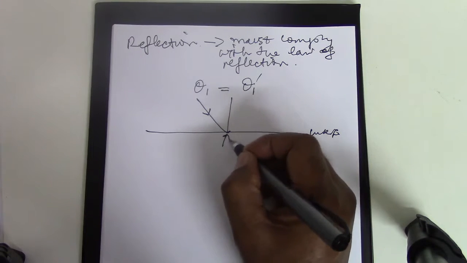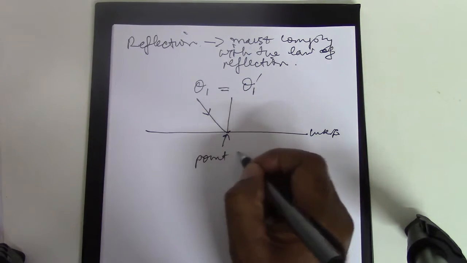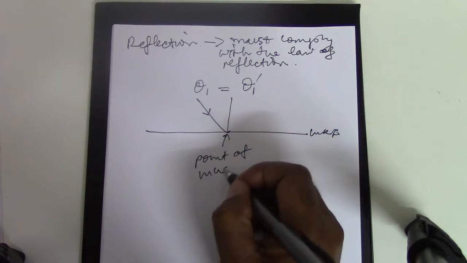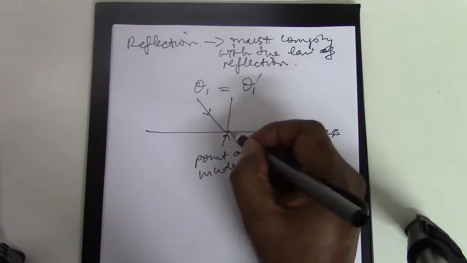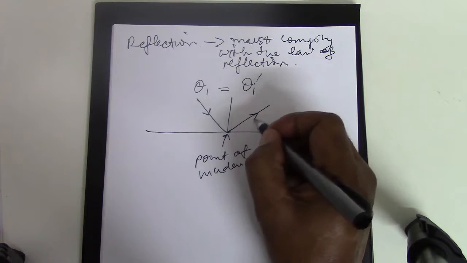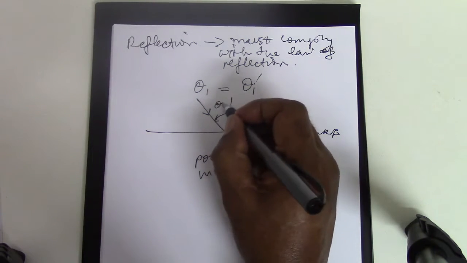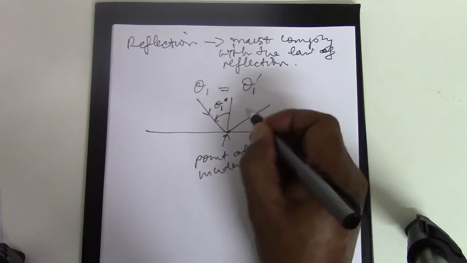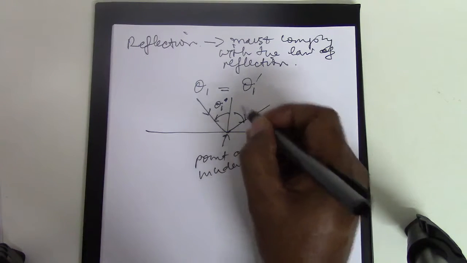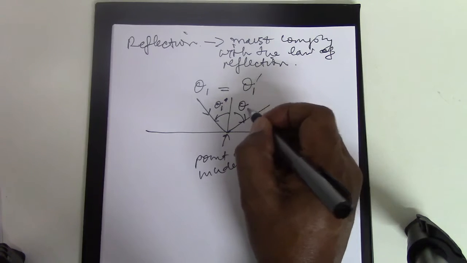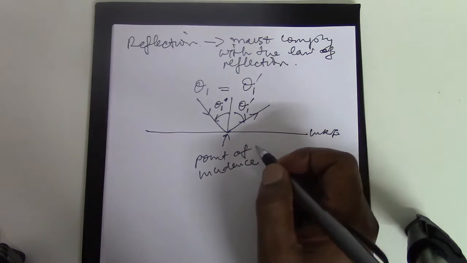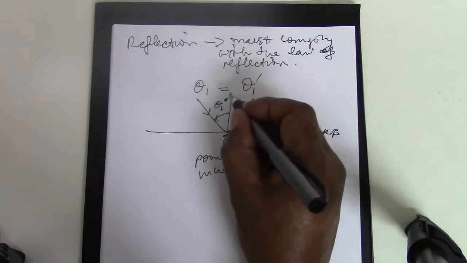This we call the point of incidence. It reflects off at the point of incidence such that the angle of incidence is equal to the angle of reflection. Right, and this is our normal.